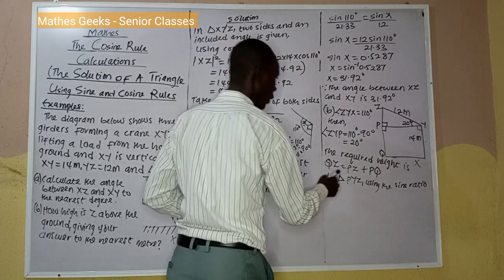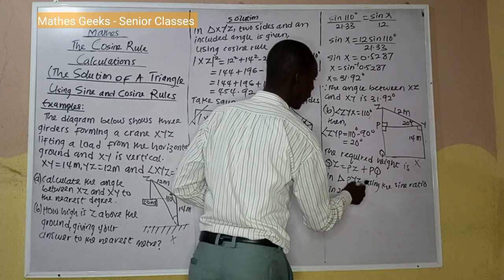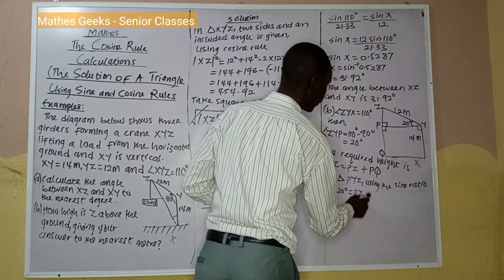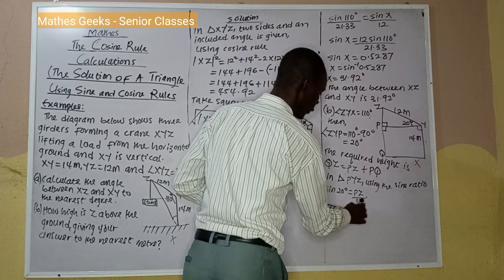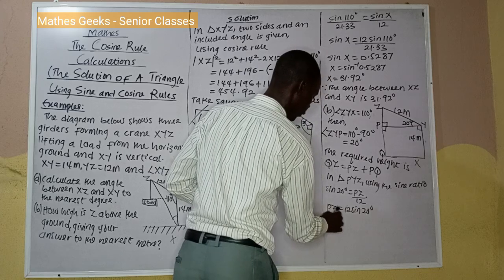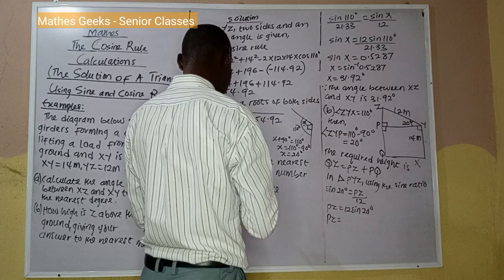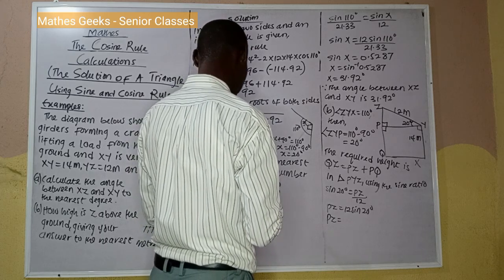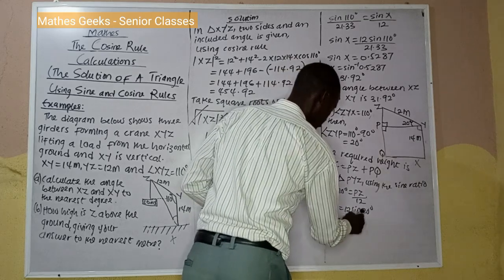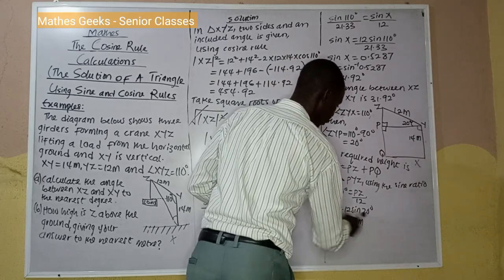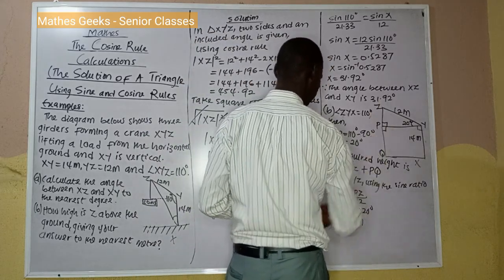We're going to have sine 20 degrees is equal to opposite, which is PZ over 12, and then PZ is equal to 12 sine 20, that's equal to 4.10 meters. So PZ is 4.10 meters.